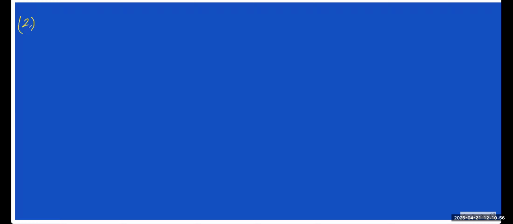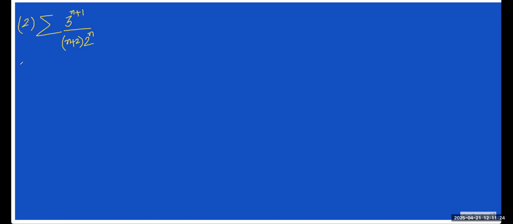I'm talking slowly. Examine the convergence of summation 3 to the power of n plus 1 by n plus 2 into 2 to the power of n. Again we take the summation value itself as our un value.